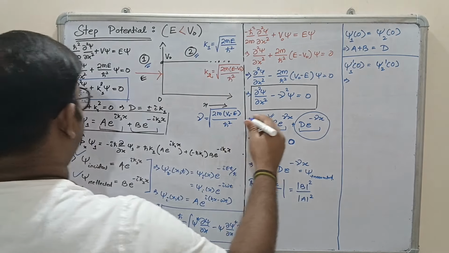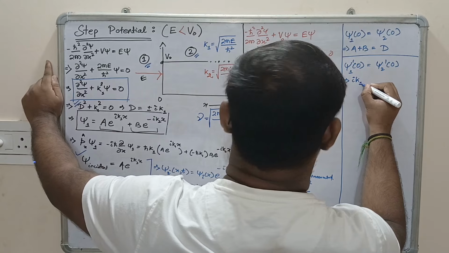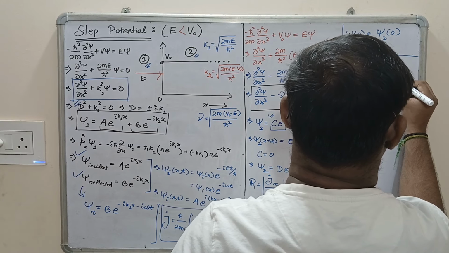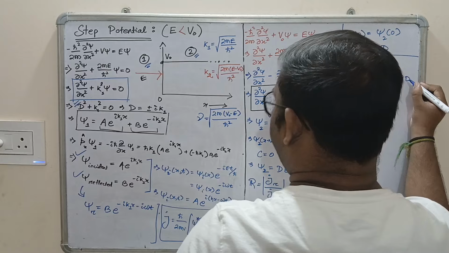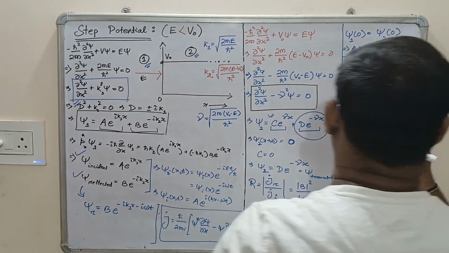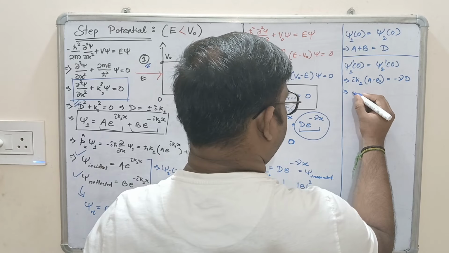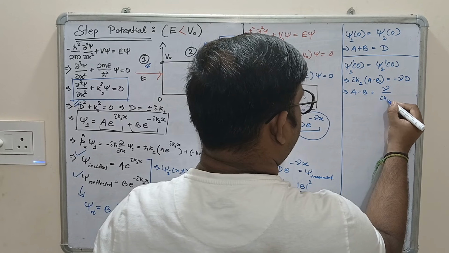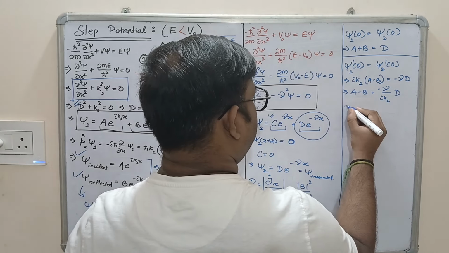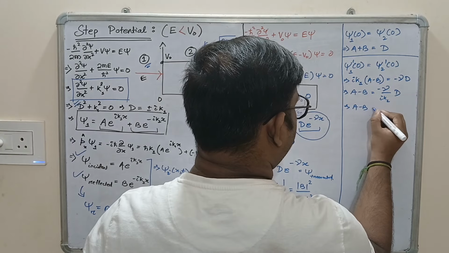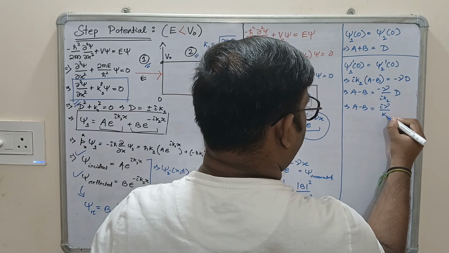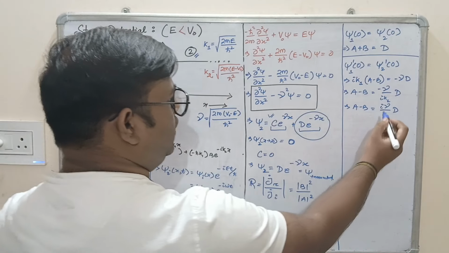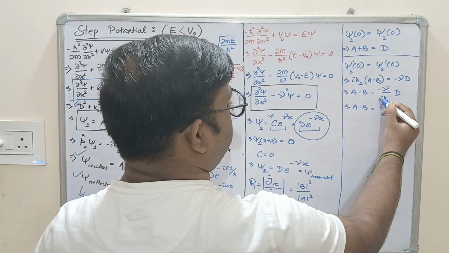This will give us i k1 (A minus B), giving us minus nu D. Now this will give us A minus B is equal to nu by i k1 D. Now you can transform this to be i nu by k1 D. You can do it because you multiply i here, you multiply i here; multiplying i will be minus 1, minus minus plus.